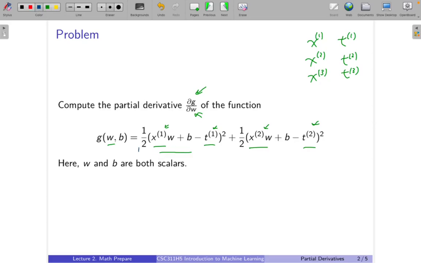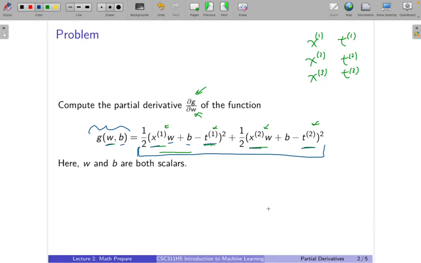Second, this quantity on the right-hand side here depends on several quantities, the w's, the b, the t1, x1, t2, x2, but on the left-hand side here, we wrote g of wb, which makes the dependence of the right-hand side on the w and the b clear, more explicit, and kind of hides the dependence of the right-hand side on the x's and t's.